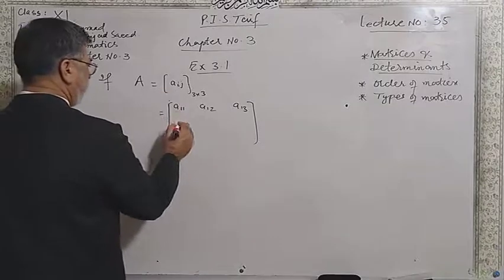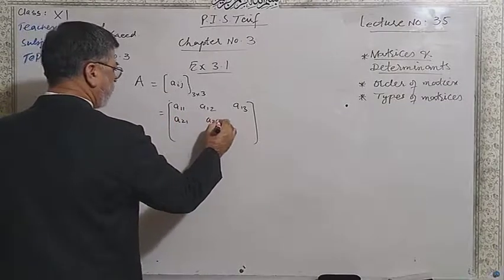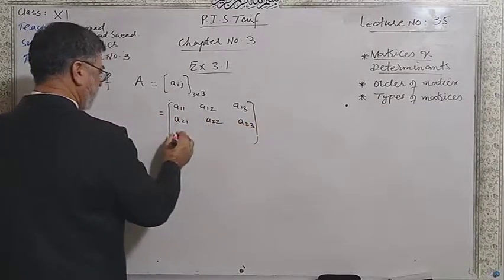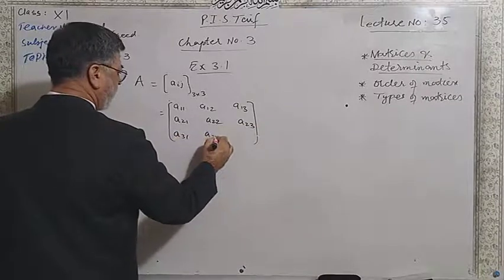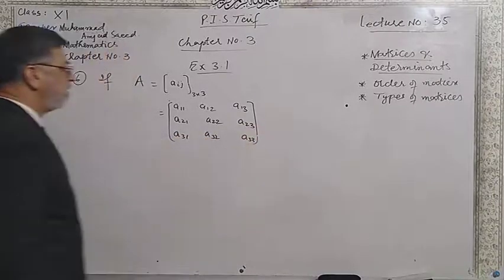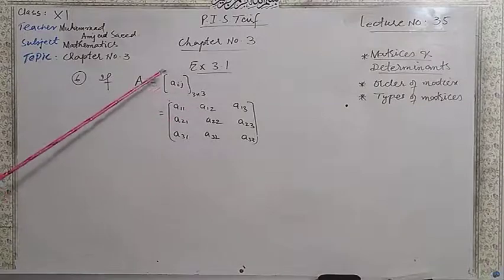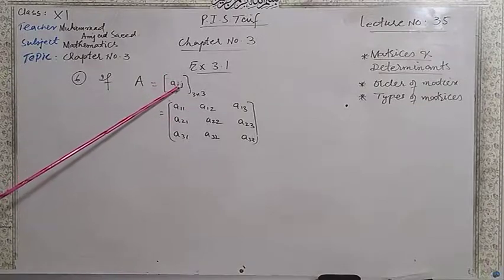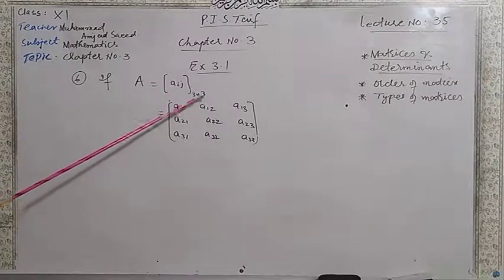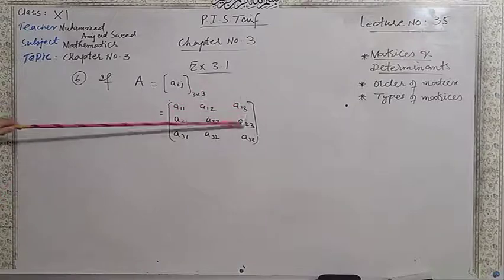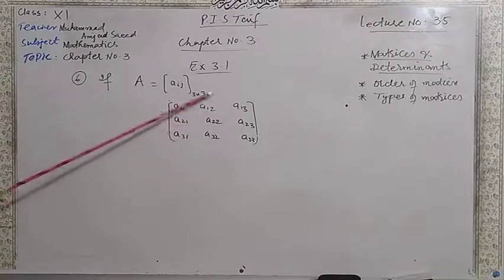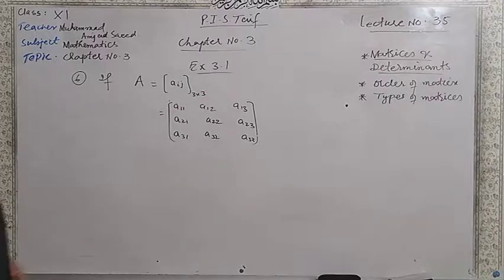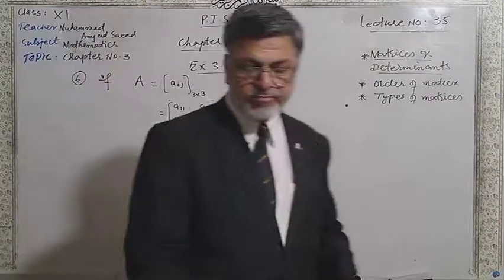Similarly, we have A21, A22, A23, A31, A32, A33. This is your given matrix Aij 3 by 3, meaning 3 rows and 3 columns. This is your matrix A.